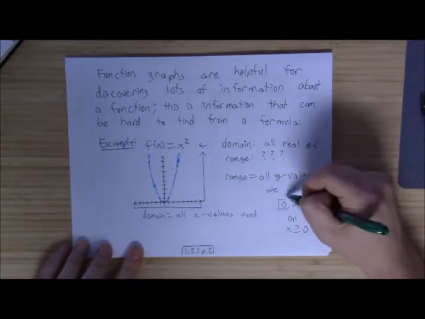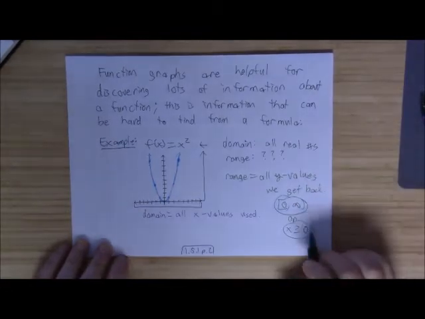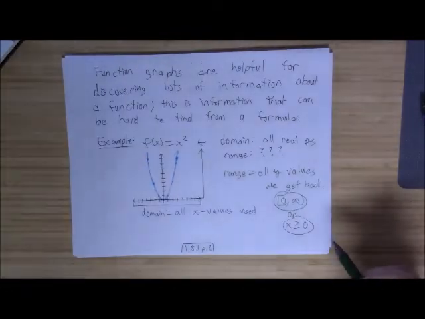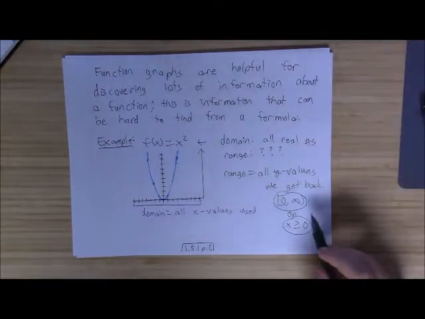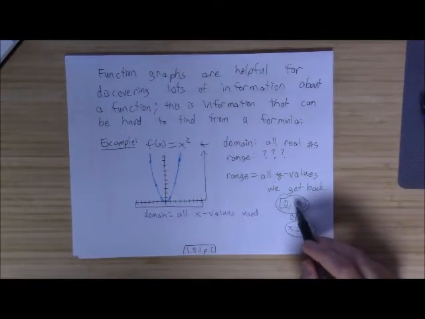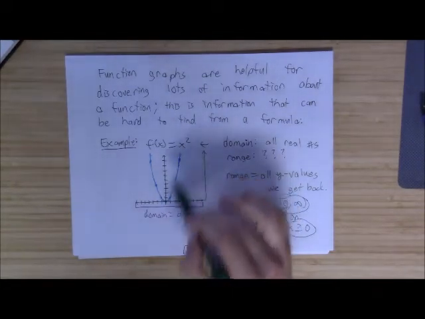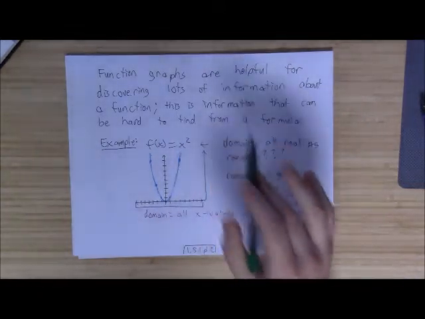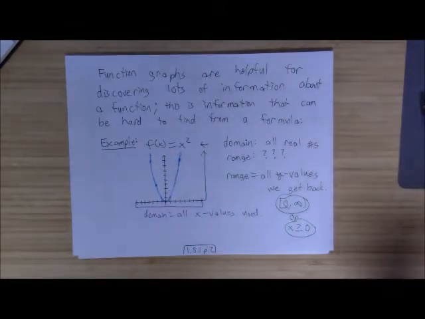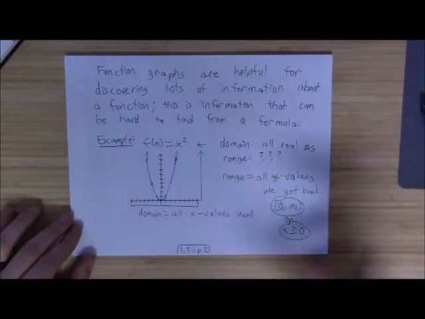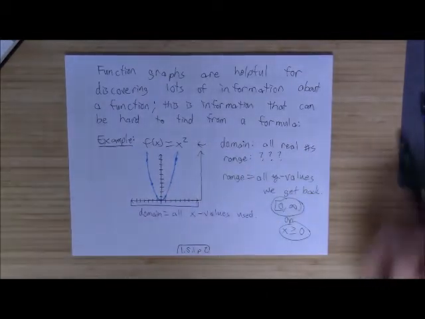Doesn't really matter to me. But this is really nice, right? Here it's not entirely clear unless you start thinking, well, actually x squared, I know if I plug 0 in, that's the lowest I can go, and I could always get any positive number. But that's really hard to sort through and think about, whereas this is much more obvious.